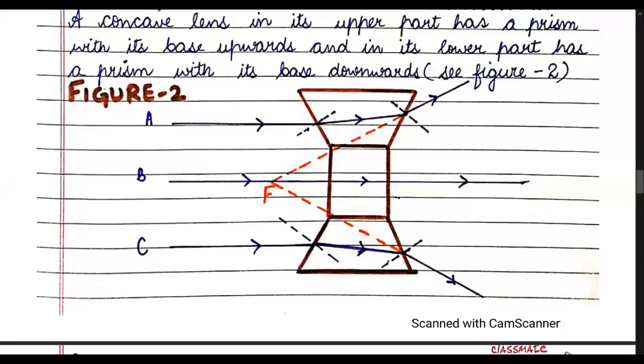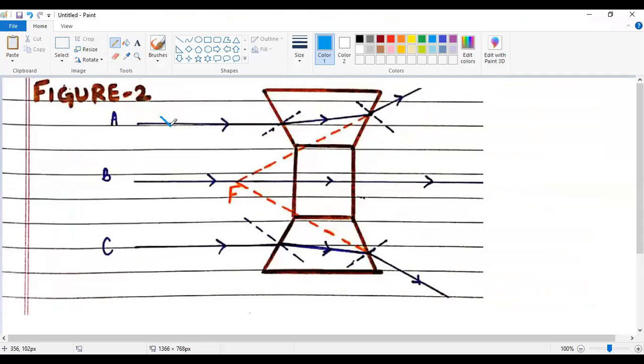Now students, again we will take the three rays, and all the three rays incident on the prism are parallel to each other.